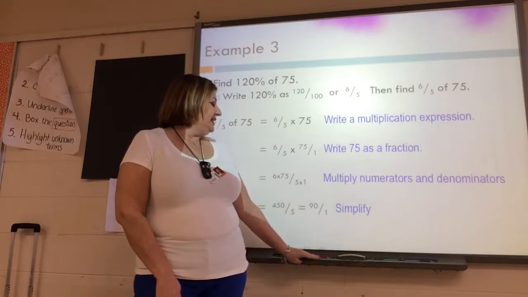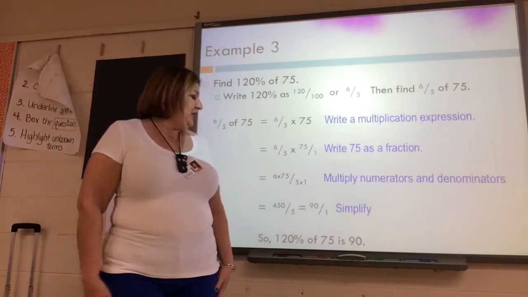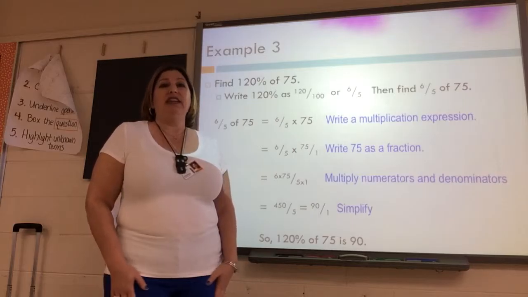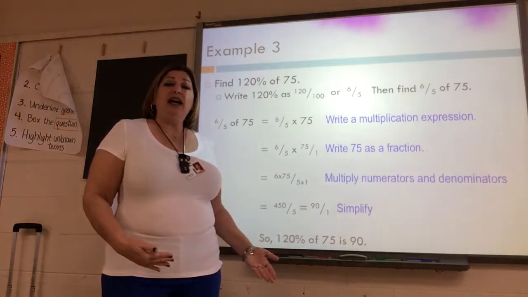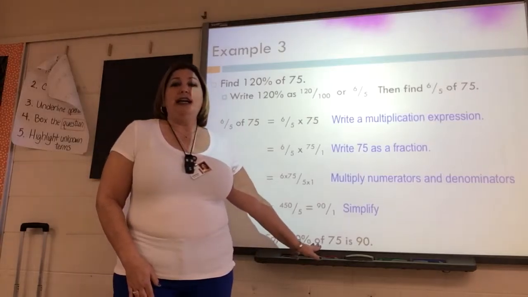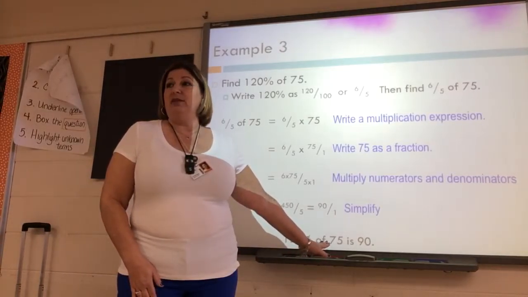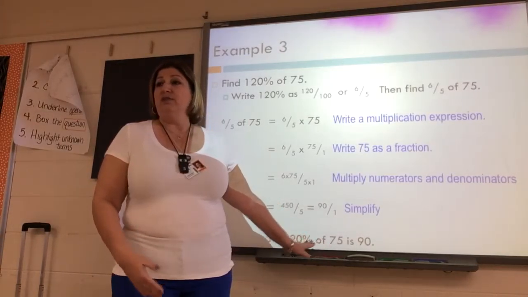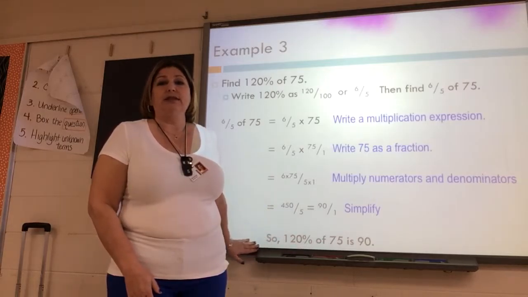And it simplifies to 90. So 120% of 75 is 90. So if I'm asking for a percentage greater than 100, your answer should be greater than the number you're looking for, because you're looking for more than 100% of your number.